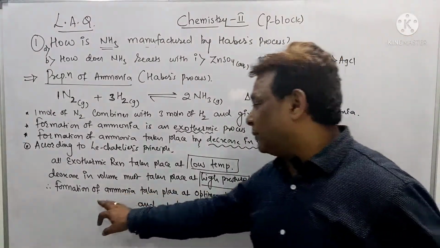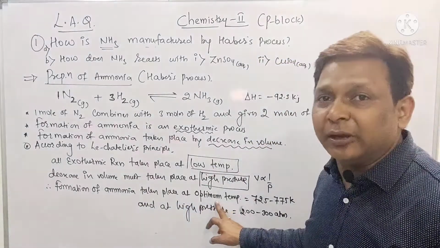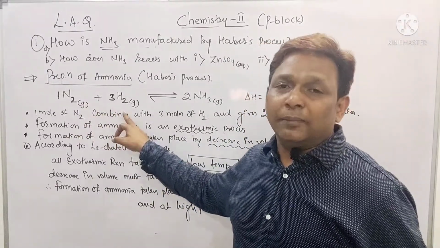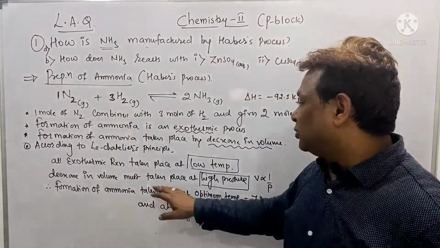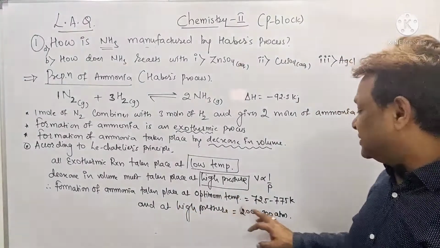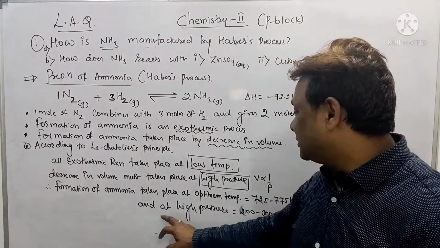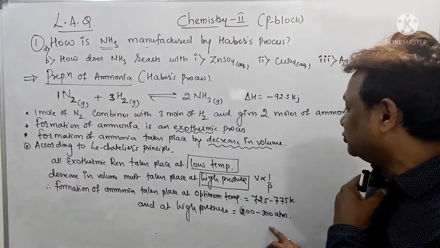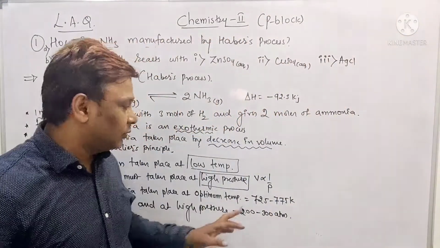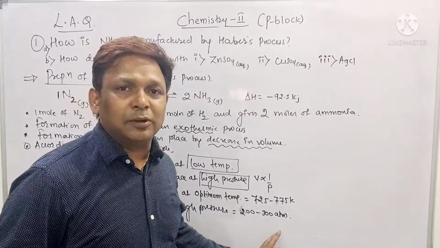That is, formation of ammonia takes place at low temperature, meaning we have to maintain an optimum temperature, because all the reactants are in the gaseous phase. At low temperature the reaction cannot perform. So it must take place at an optimum temperature, that is 725 to 775 Kelvin, and here, beta, the pressure must be high, that is 200 to 300 atmospheric pressure. Right? Temperature should be 725 to 775, pressure should be 200 to 300 atmospheric pressure.